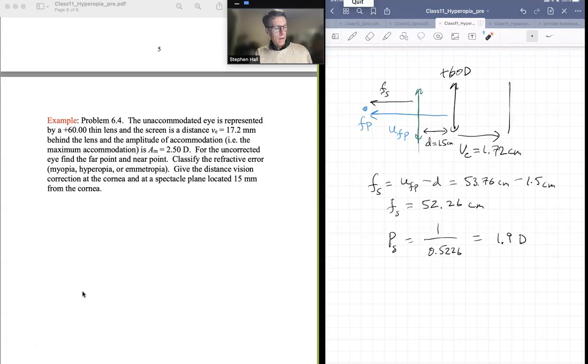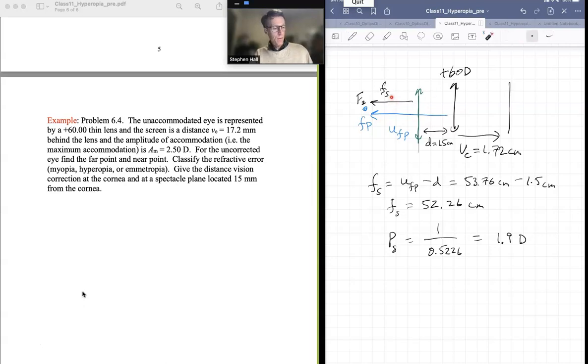Now I need to look at my figure and think about, should that be a positive power or a negative power? And looking at my figure, I can see that this focal length I've drawn here from the lens to the far point, right, which means, remember, why are we doing that? It's because this location is also the secondary focal point for the correction lens.